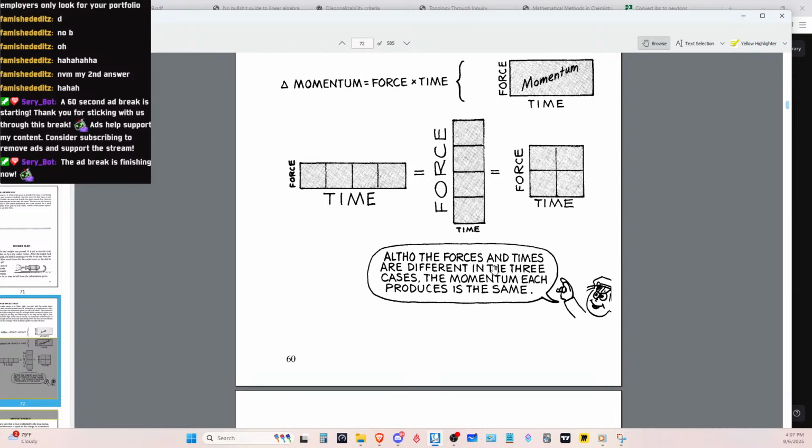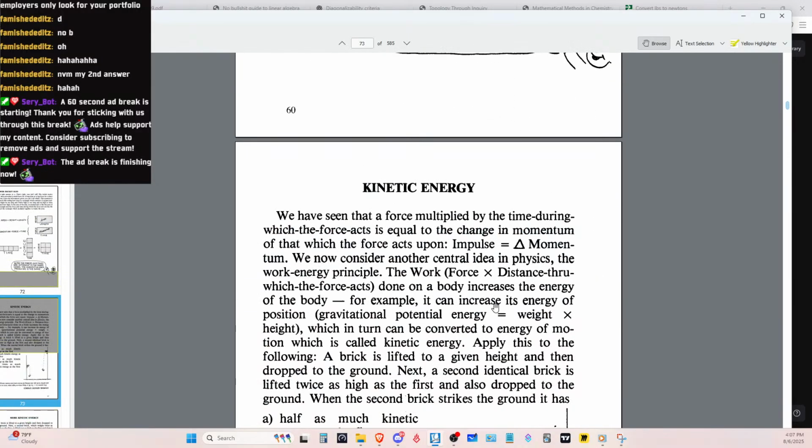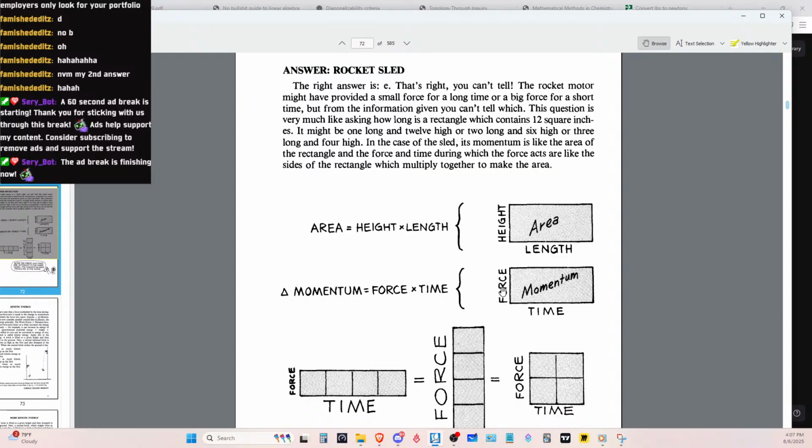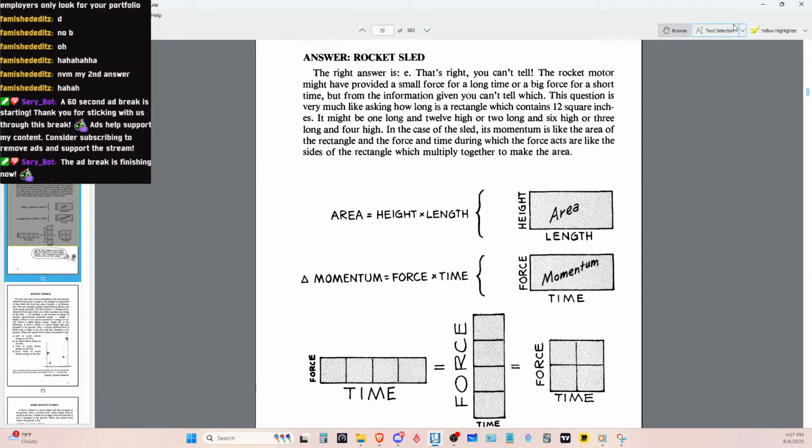Although the forces and times are different, in the 3 cases, the momentum each produces is the same. Interesting. Well, sometimes the answers you think are just silly answers, they could be the actual answer.